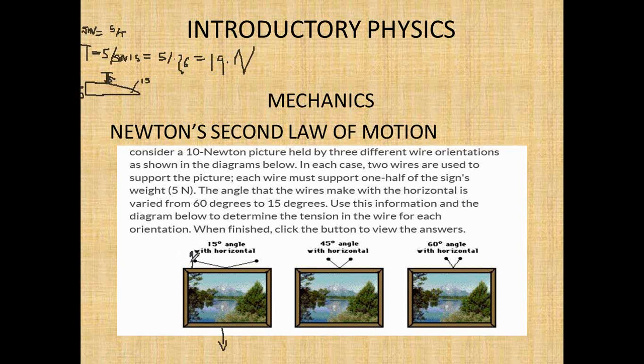Over this side, the vertical component is 5, and over here, the same thing, the vertical component is 5, because it has to balance the downward force. So the vertical component on both sides is 5, for a total of 10, because the weight of the frame is 10. But the tension on both sides is 19.3 newtons.